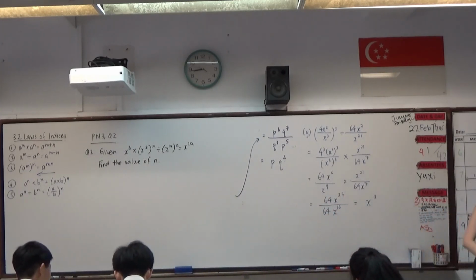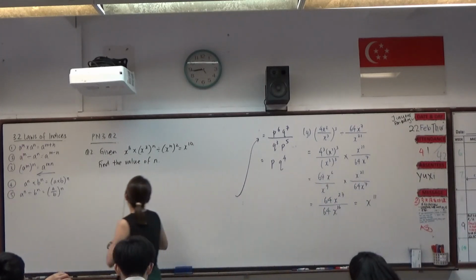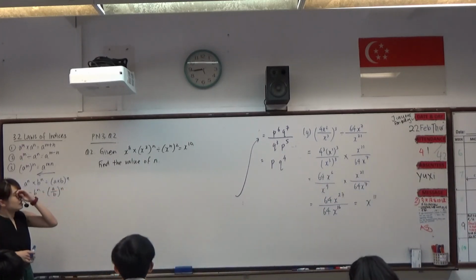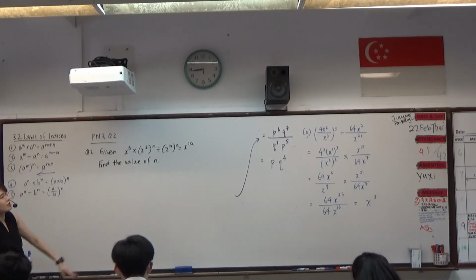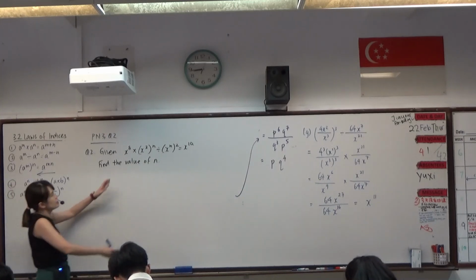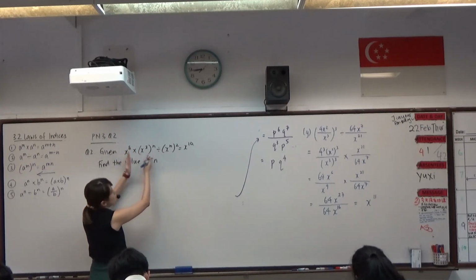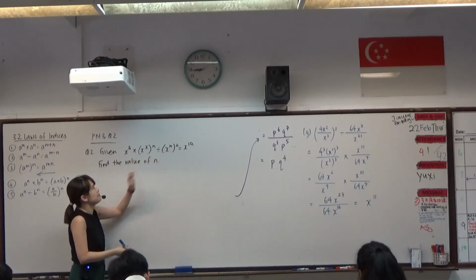Question 2. Given this, we want to find the value of n. This is not your conventional question that we saw earlier on. We can combine everything into one because they are all having the same base.